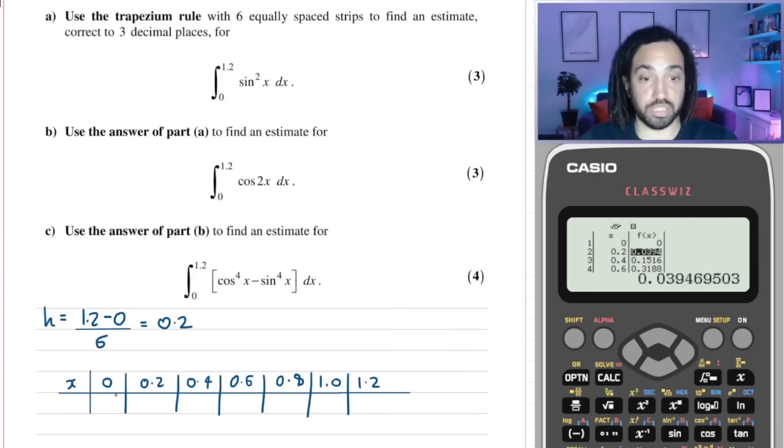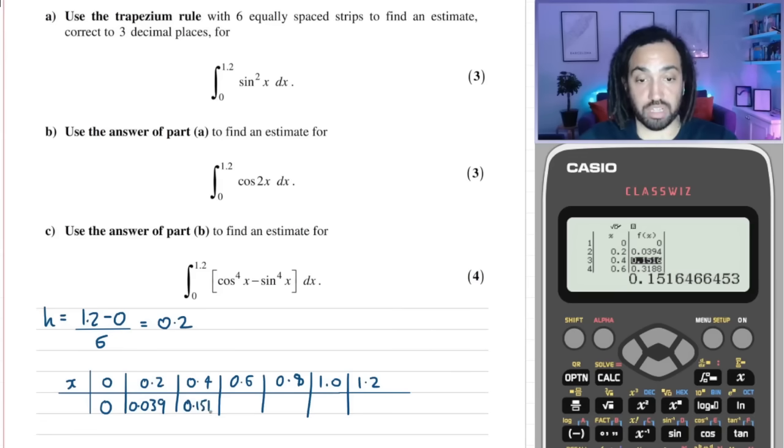So we're going to put those into here. So we've got 0, we've got 0.039. Again, I'm just doing 3 decimal places, which gives us then 0.151, oh no, 0.152. And the next one is 0.319.